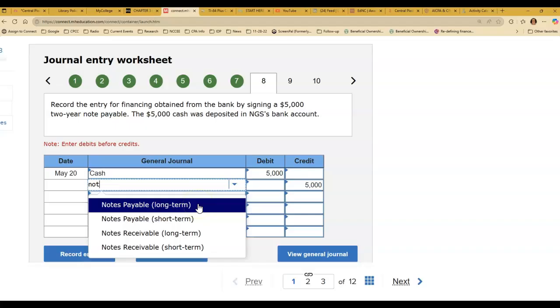It's over a year. Now, let me go ahead and introduce something here. We're going to get into this in much more detail in a later chapter. But this note that we just took out is long-term because we're borrowing $5,000 today, and this $5,000 is due back in 24 months in a lump sum, versus any kind of monthly payments.